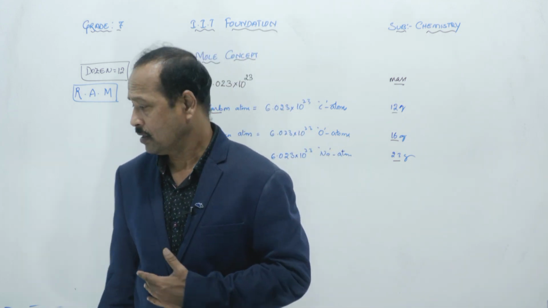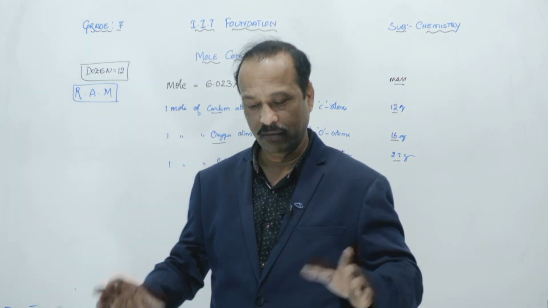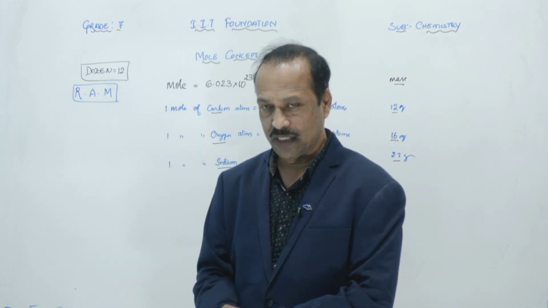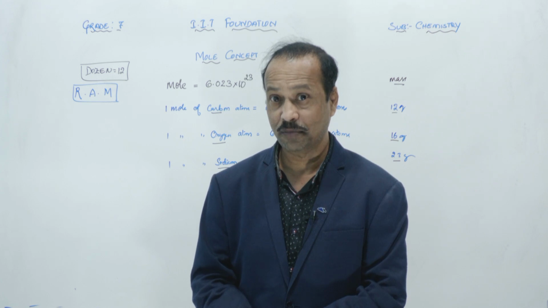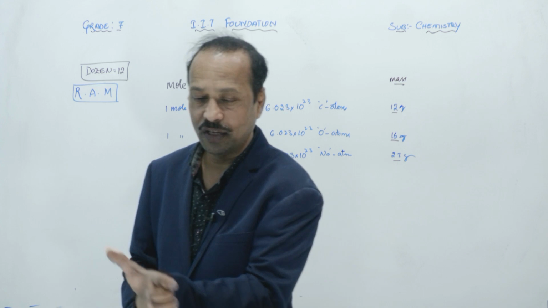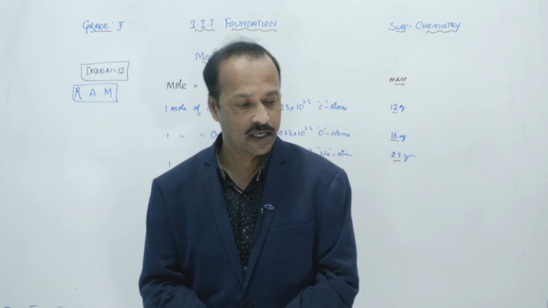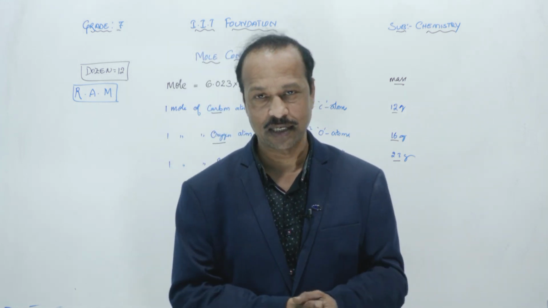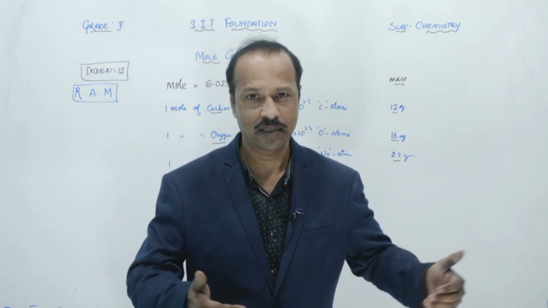For example, if you are sitting on your benches, and I ask you what is the size of your bench, immediately you take the scale and measure. Small scale is 15 centimeters, I think, and big scale is 30 centimeters.